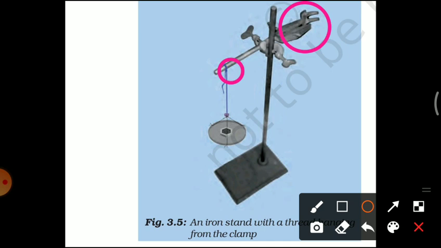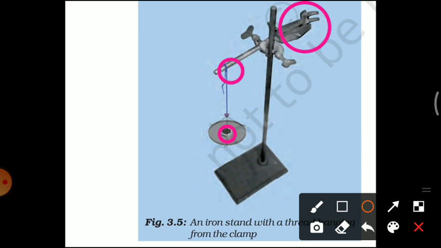At the free end, suspend a pen so that weight can be placed in it. Add weight one by one till the thread breaks. Note down the total weight required to break the thread. This weight indicates the strength of the fiber.